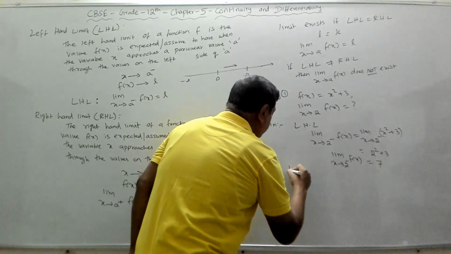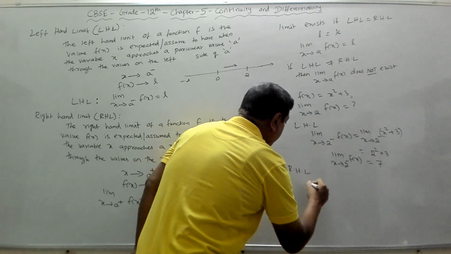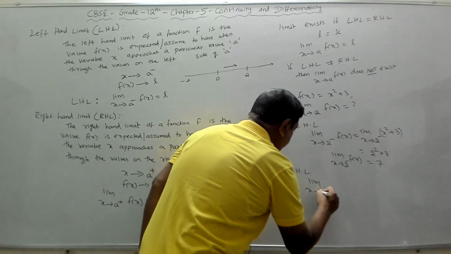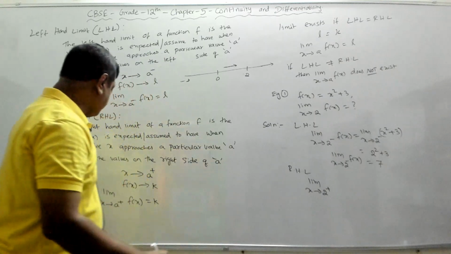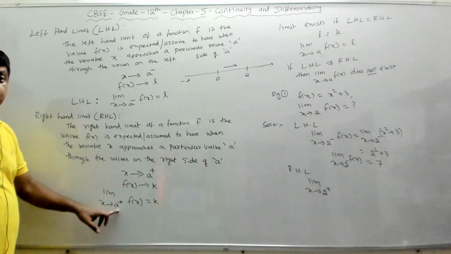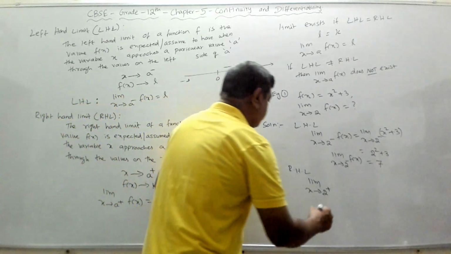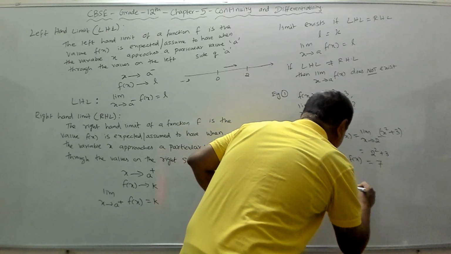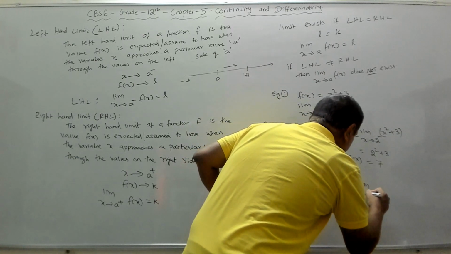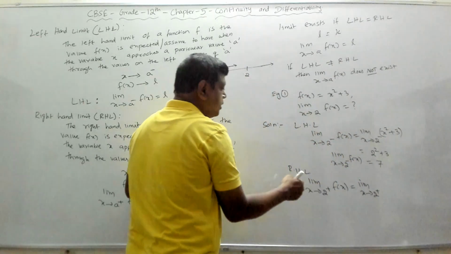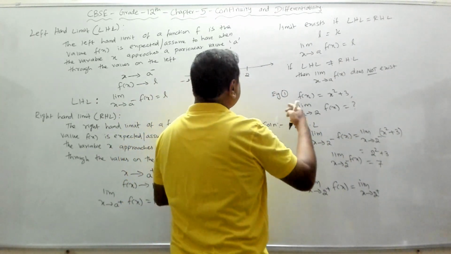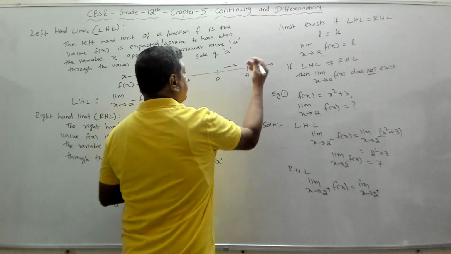Now let's find our right hand limit. For right hand limit we should put limit x goes to 2 plus f of x. 2 plus means x is approaching 2 through the values greater than 2, from the right side of 2.